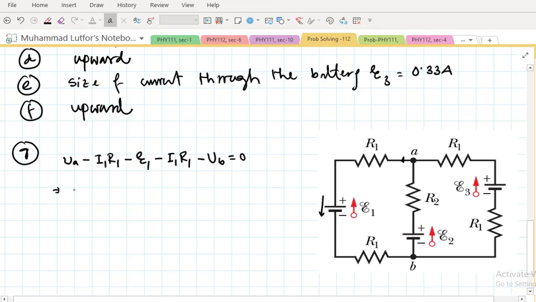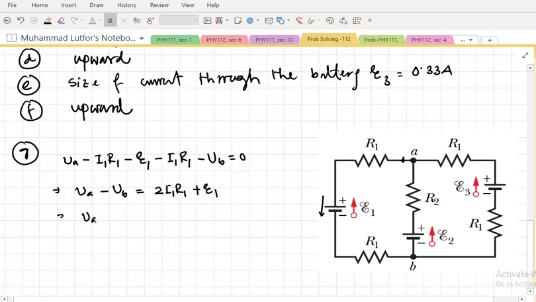Now I have to find VA minus VB. It would be basically 2 I1 R1 plus E1.